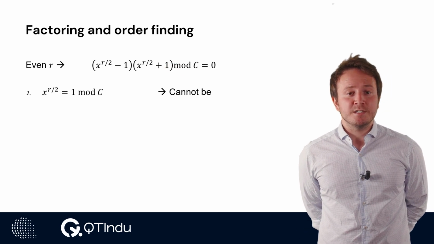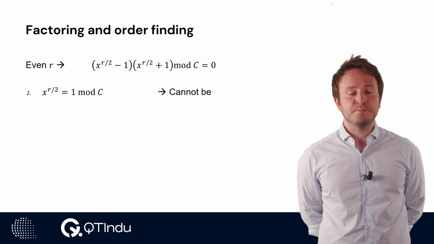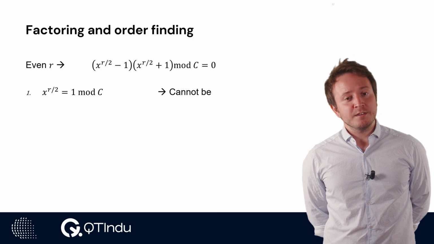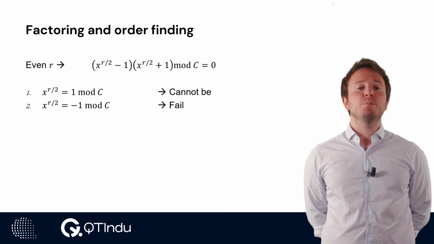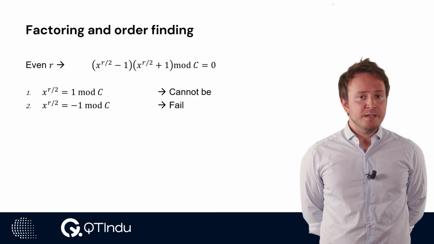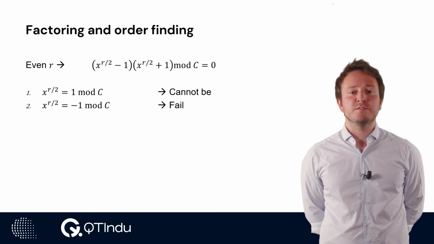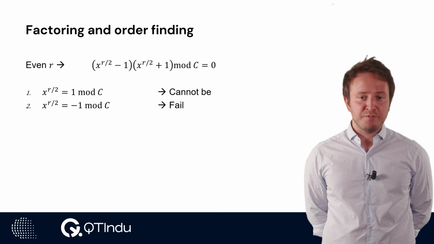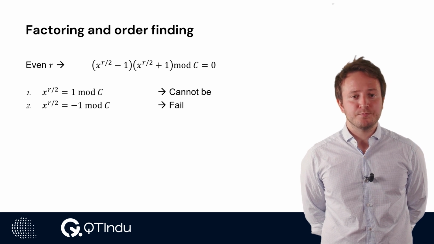But actually, this cannot be, and this is just because of the definition of the order. But what can be is that we will find that x to the power r/2 is equal to -1 modulo c. In this case, actually, we cannot say anything about the factorization of c, and we fail to find what the factors are.